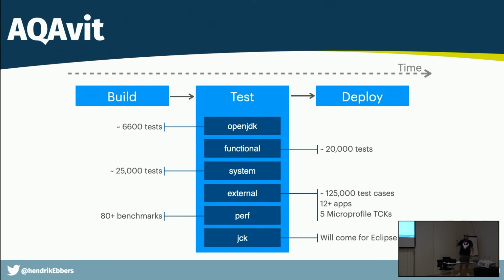Right, we neither. What we are doing here is using the unit tests of other programs, applications, and tools. For example, we use the TCKs, the tests from Eclipse MicroProfile. We use all unit tests and integration tests from Tomcat, or for example DerbyDB, which is a database written in Java.